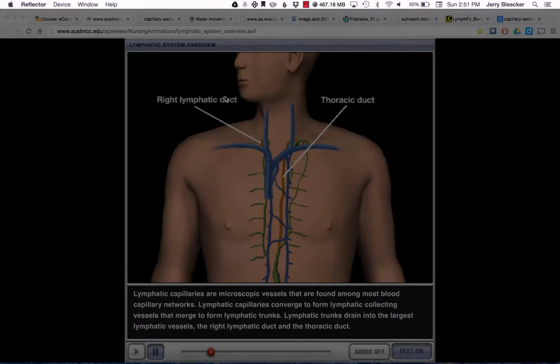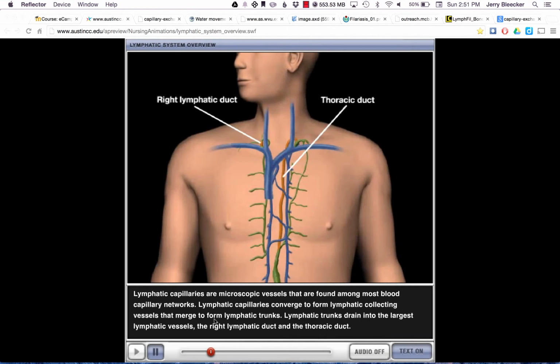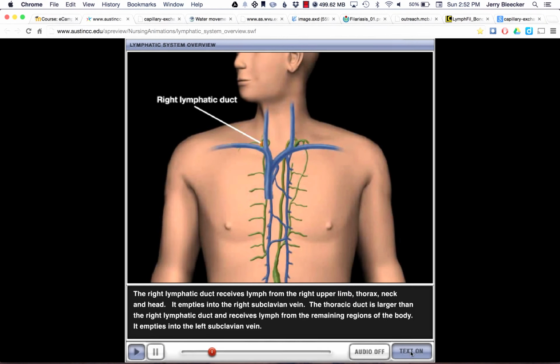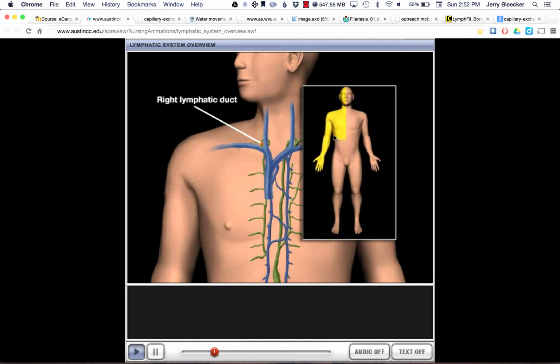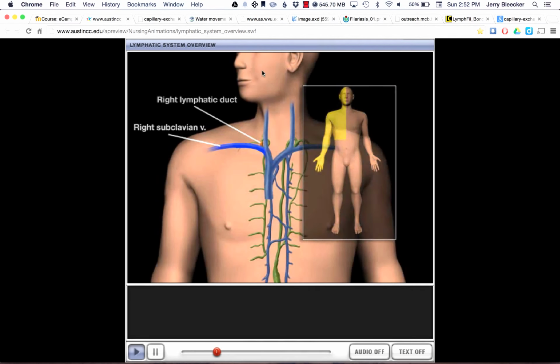Okay, so I'm going to turn off AirPlay there. And really, just a little bit more here. Just going to turn the text off. And just pointing out that your lymphatic ducts, you've got regions of your body where drainage is sort of focused.